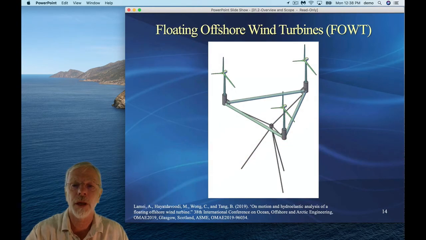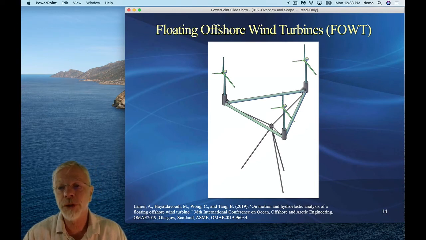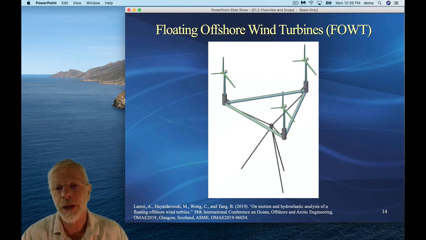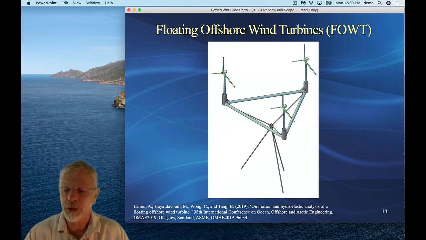below. Floating offshore wind turbines is another application that's very popular these days. Again, an application here. The one that's shown here is discussed in the reference cited below. And the interest in offshore wind, and especially in deep water, this is a big application of where hydroelasticity is being used these days.